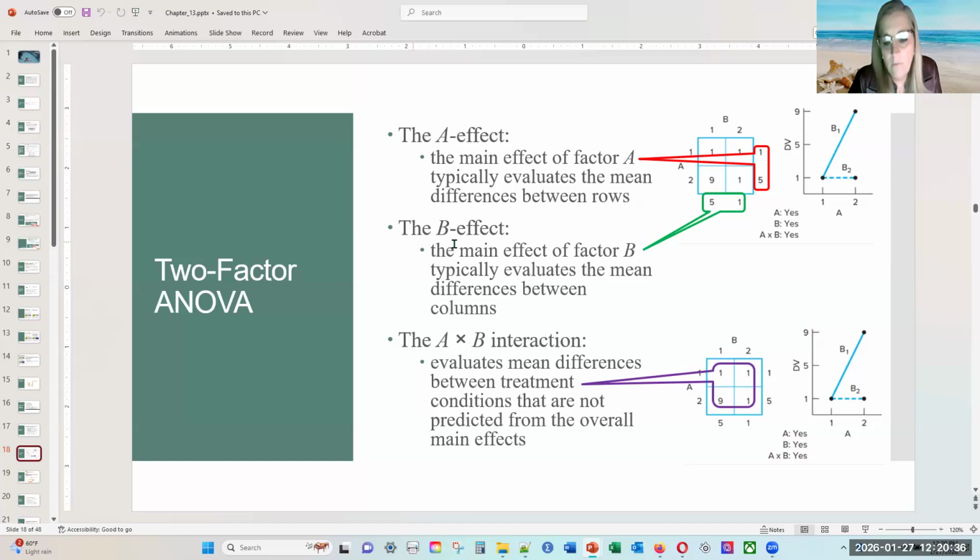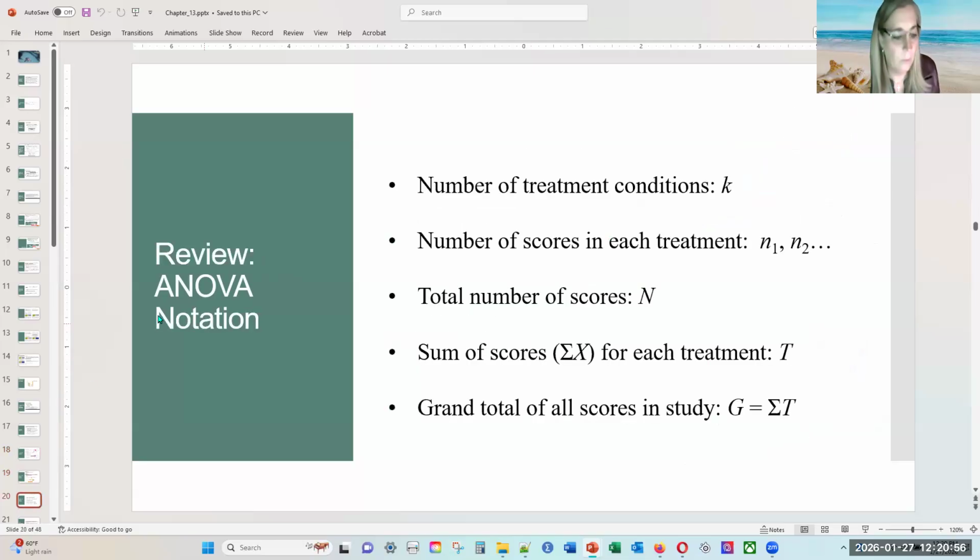And if you had a main effect for factor B, you would evaluate the means for that as well. If you have an A-B interaction, we're looking at the differences between the boxes within here. Because you're getting the mean for each level of each factor.